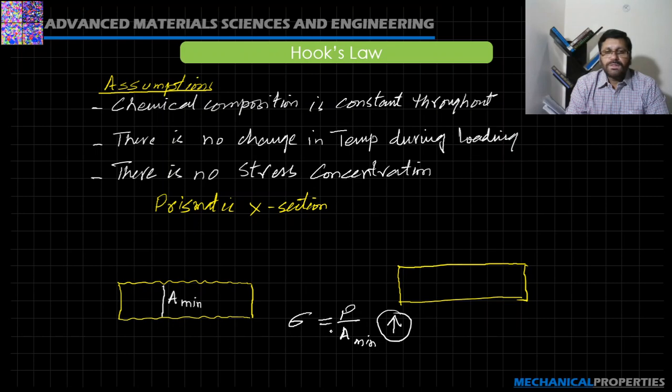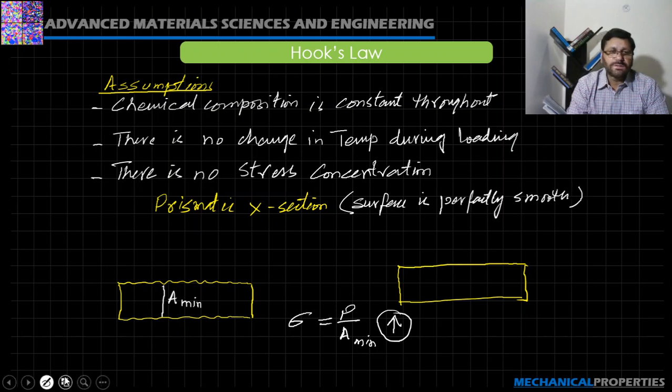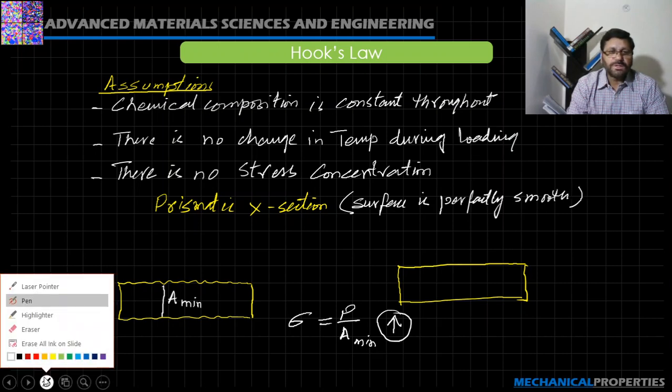So the stress concentrations are there in the specimen. So we assume that the surface is perfectly smooth for that very specific specimen of the material.